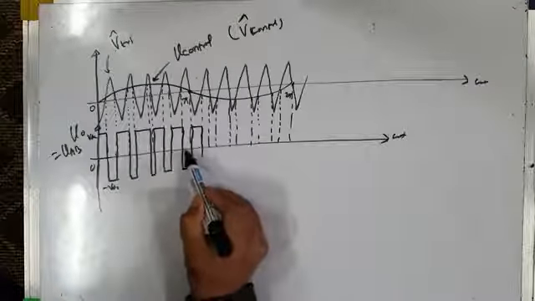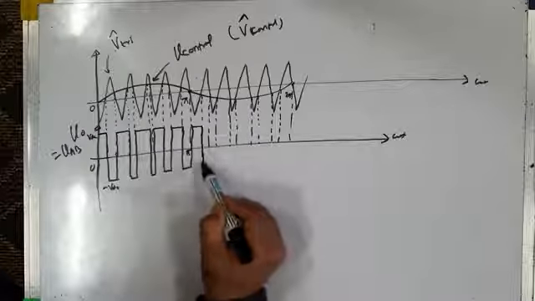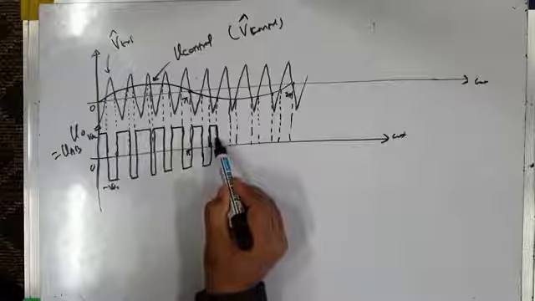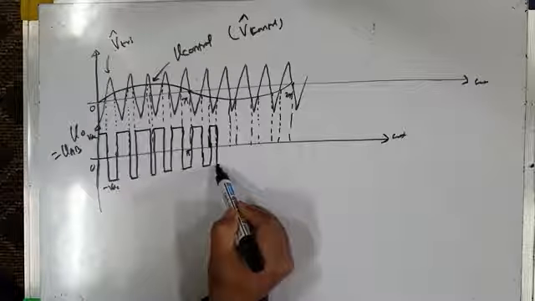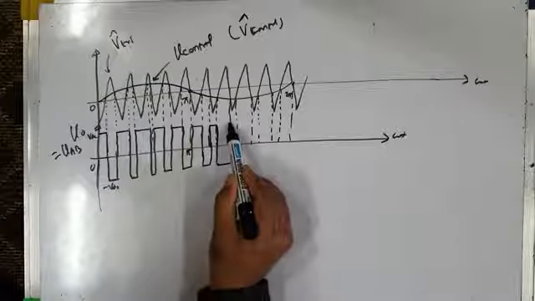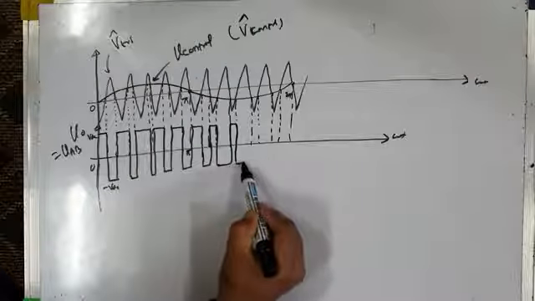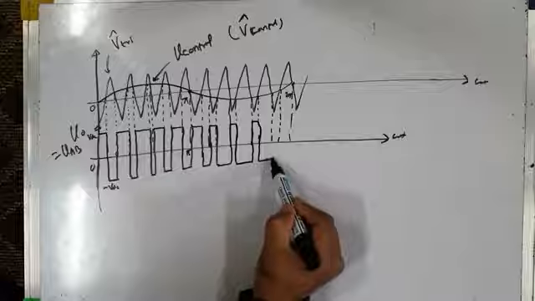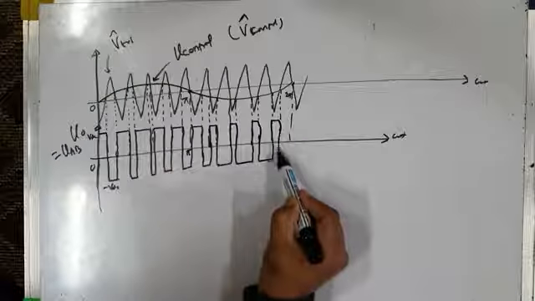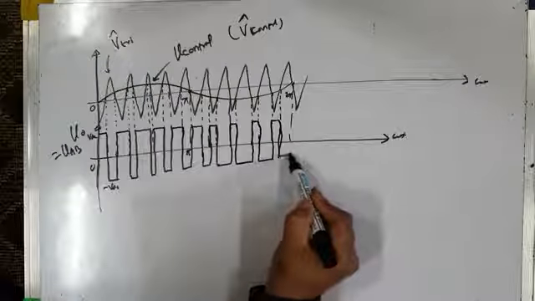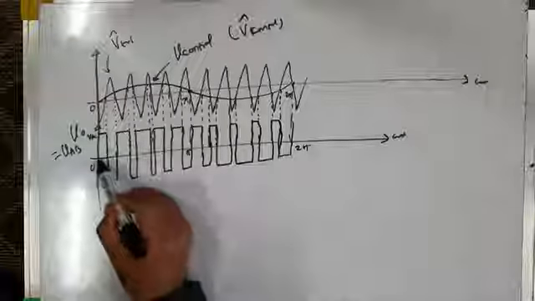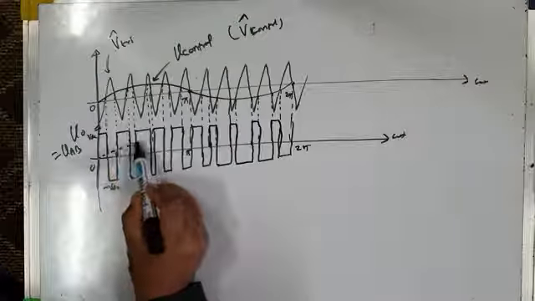This is pi, this is 2 pi. The inverter output voltage will have a fundamental component like this.